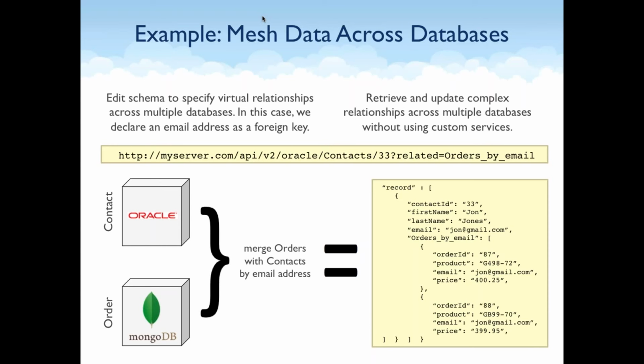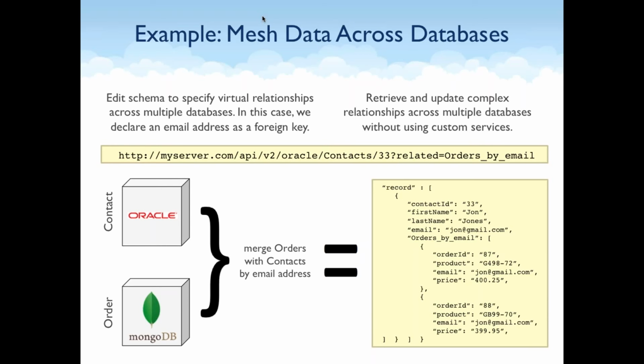So in this simple example, you're basically making a call to myserver.com, v2 Oracle, and you're fetching data, the contacts table in Oracle, finding a particular ID, in this case ID 33, and then passing in the related parameter orders by email. And basically that orders by email is a foreign key relationship that's not in the database at all. We just made it in DreamFactory.